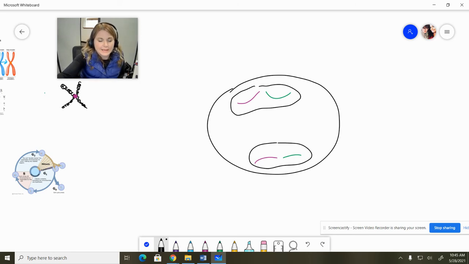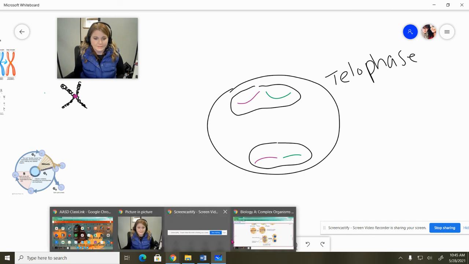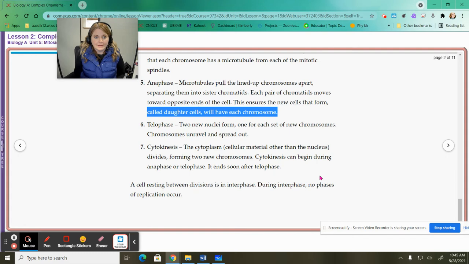So that's what's going to happen during our telophase or telophase. I always said telophase, but then I hear other people say telophase. So I don't know. All right, and then finally, cytokinesis. The cytoplasm divides, forming two new cells.